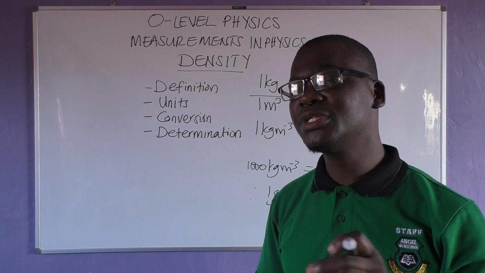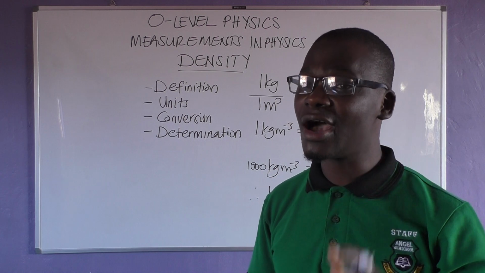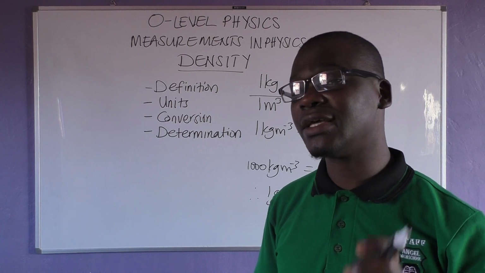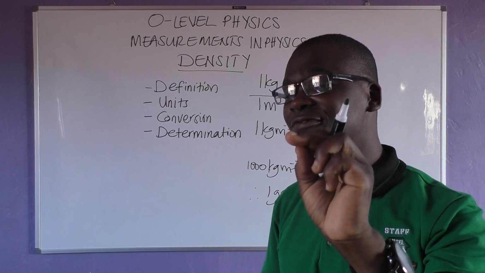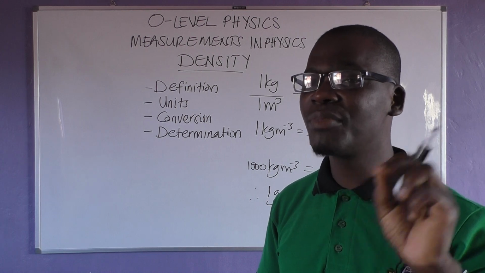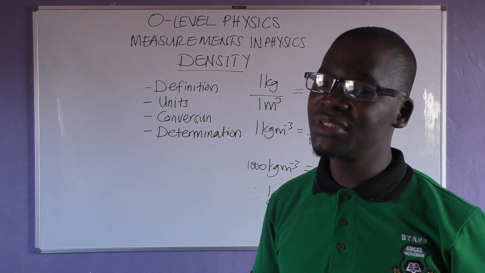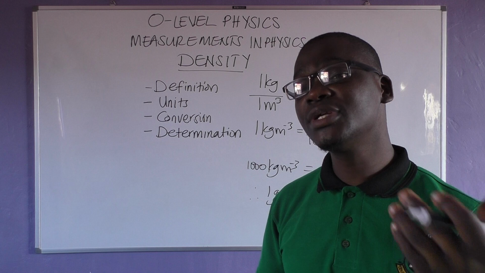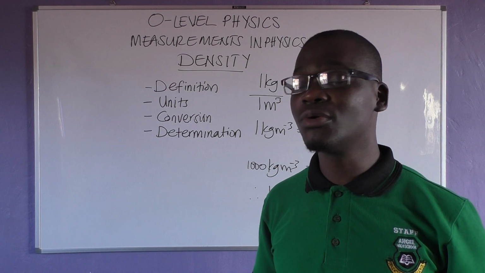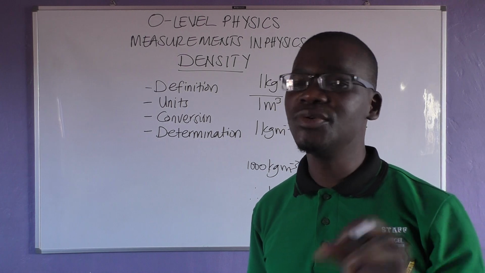We can also use density to determine the purity of substances, since they have specific densities. If it's water, you know that the density of water is 1 gram per cubic centimeter. Therefore, anything above or below 1 gram per cubic centimeter is not pure water. We can also determine the substance itself, because you may have a liquid, but you don't know whether it's water, alcohol, or anything.